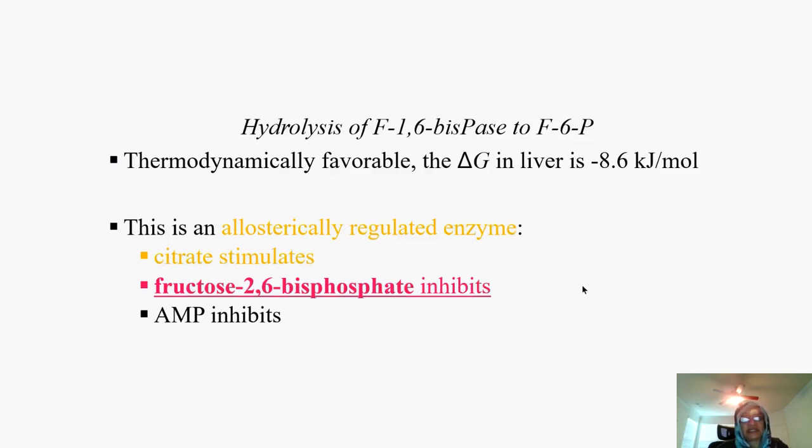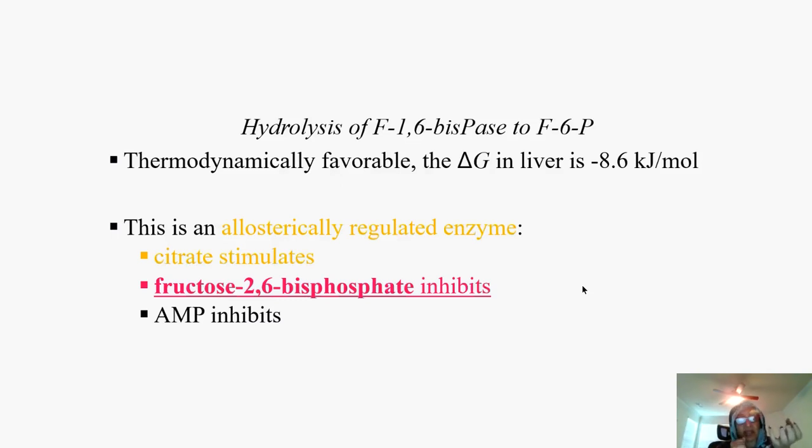And please try to understand the concept. Don't try to memorize the molecules. So the main concepts: anything that provides energy will stimulate gluconeogenesis. Anything that shows you that there are carbohydrates in your cells will inhibit gluconeogenesis.